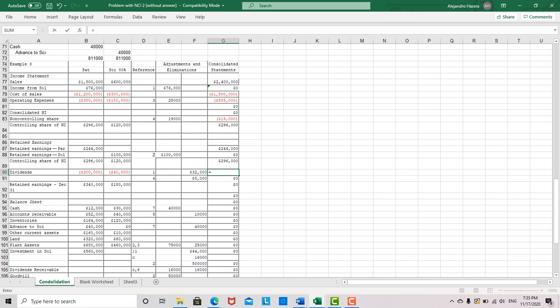And then the dividends are 200,000 plus the negative 40. That would give you a negative 240, but then you would add back 32 and 8. That gives you 200,000. So basically, that's the parent's retained earnings.